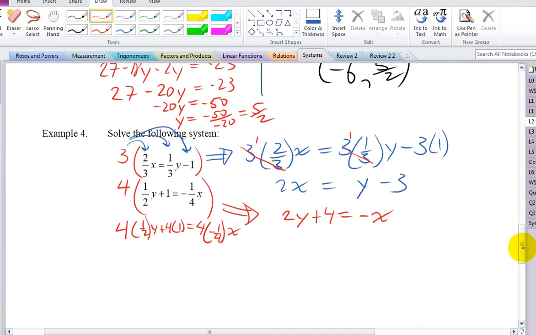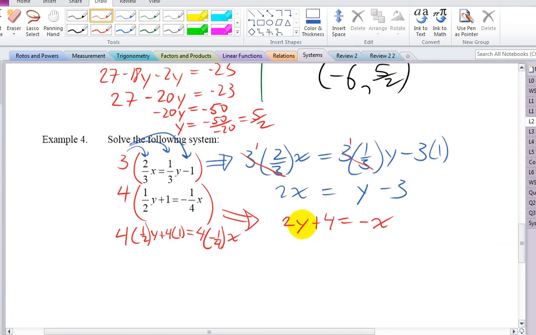Okay, so I look at the red one. I get 2y plus 4 equals -x. Any questions with that? So let's make this positive x. How do I get rid of that negative sign? Divide by -1. Divide the entire side by -1. And we get -2y minus 4. Okay. No big deal.